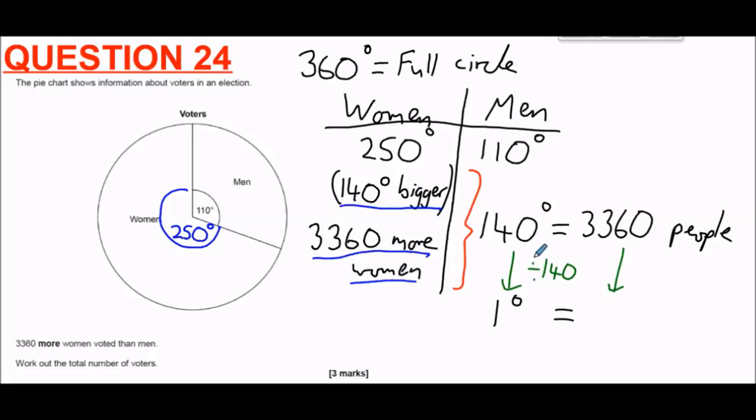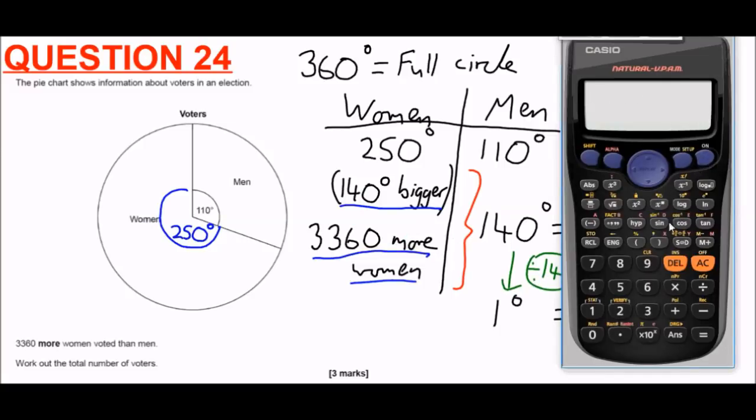So 140 divided by 140 equals 1. But to keep the balance correct, if we divide one side by 140, we need to do the same to the other side. So 3,360 divided by 140 would tell us how many people each degree of this pie chart represents.